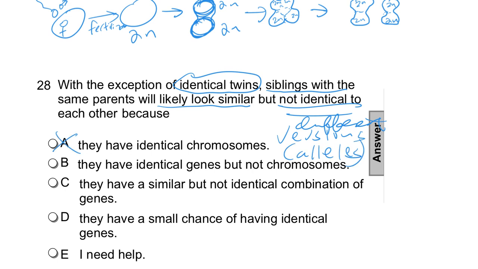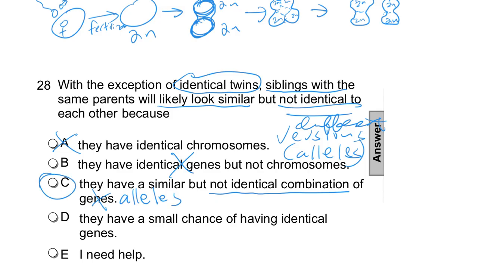So that one's wrong. They have identical genes, but not chromosomes. That just does not make sense. Kind of does, but it's very vague. They have a similar but not identical combination of alleles. Okay, so if they had changed that to alleles, that would be the right answer.